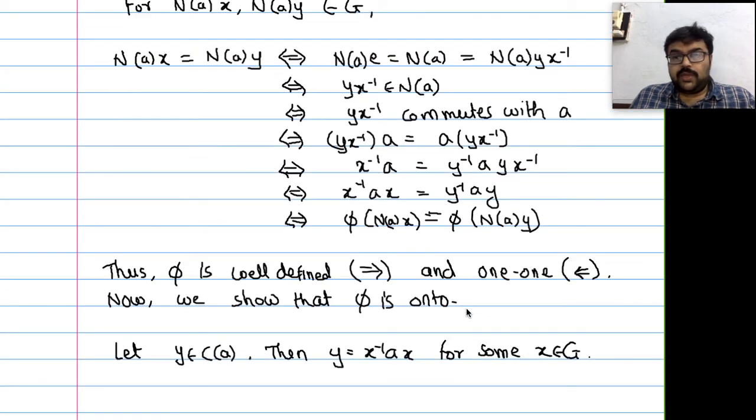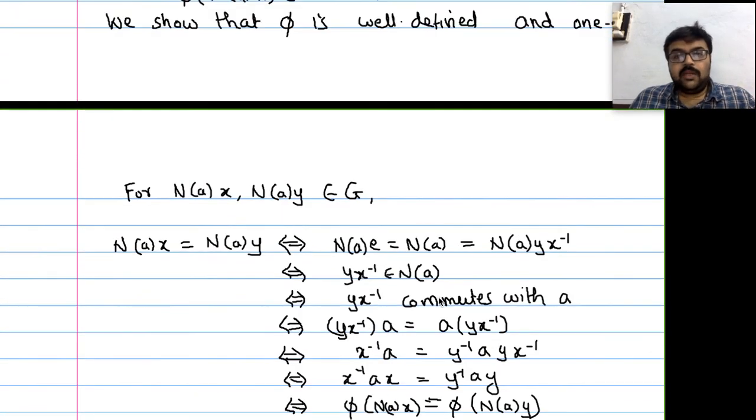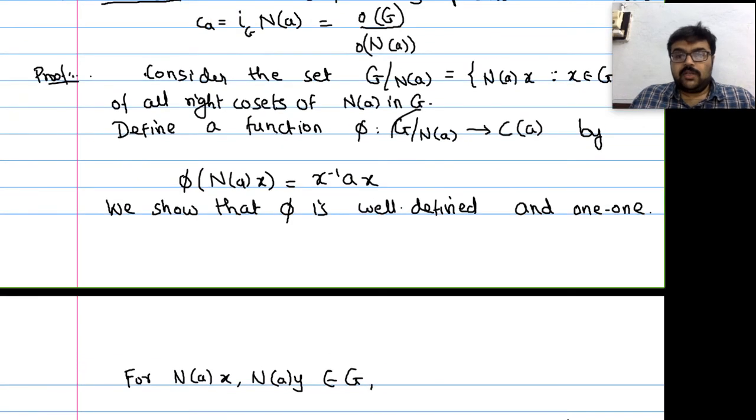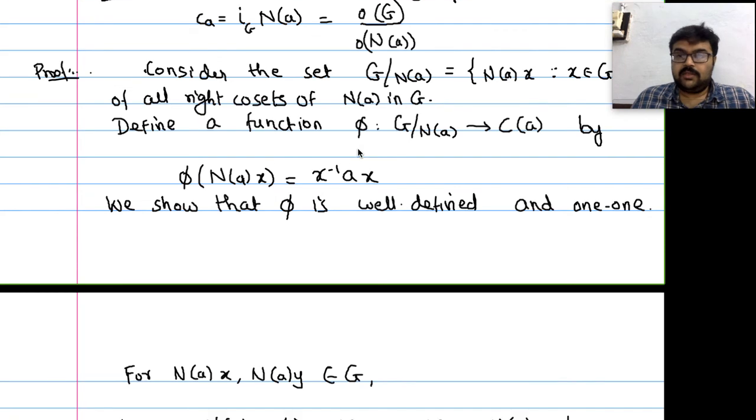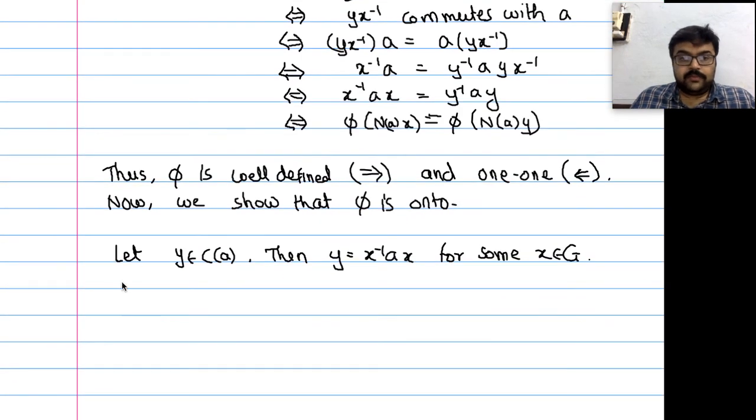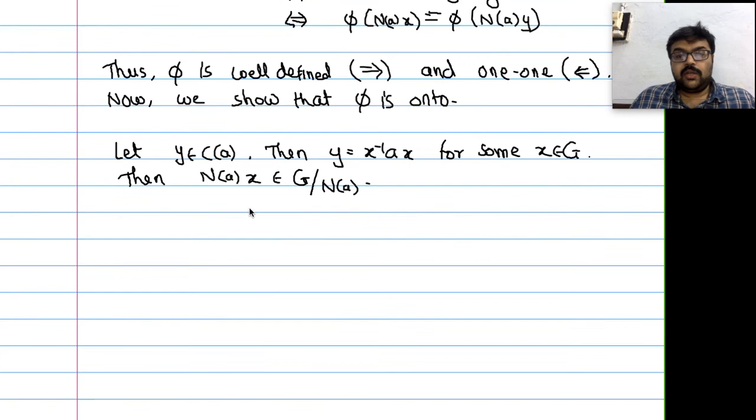Now as soon as you take x, we are done. We can get a right coset of NA with respect to x. So NAX, so take that. Then NAX is a right coset of NA in G, so it is in G quotient NA. Not only that, what is phi of NAX?